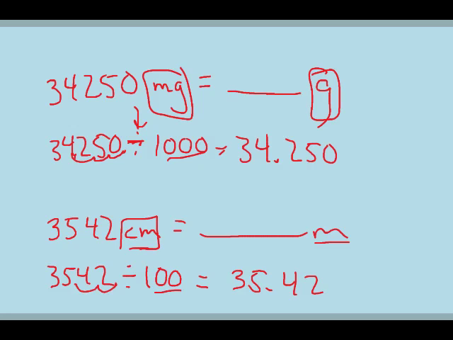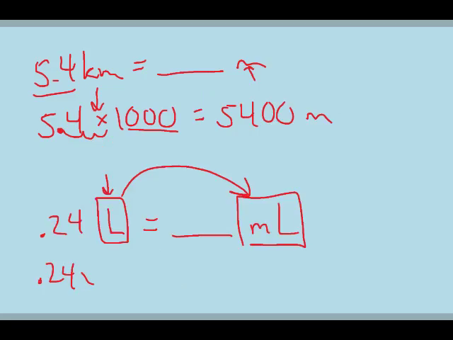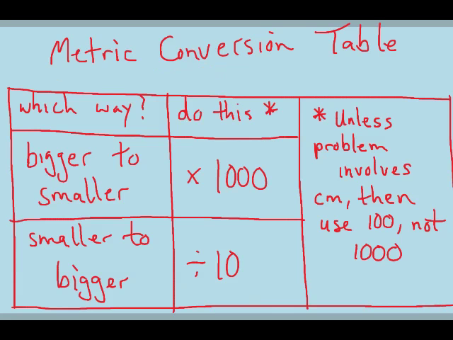Okay, so let me just jump back to the table here. So if you use the table, you should be fine on this lesson. Thinking about bigger to smaller, smaller to bigger, always using 1,000 unless centimeters is involved.